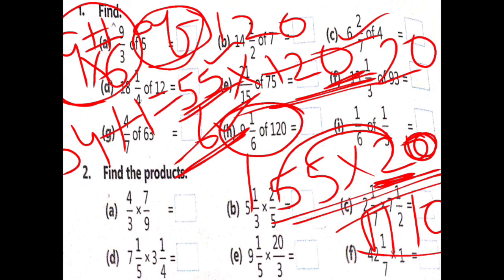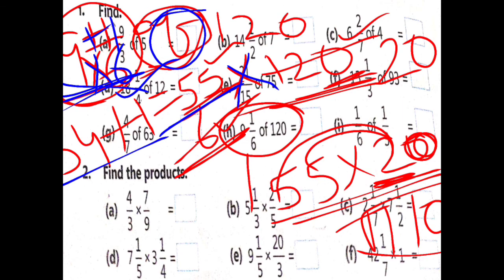Again I am explaining here. Just watch. We write 9 multiplied by 6 and then add 1. 9 sixes are 54 and then add 1 gives 55. Then we write 55 upon 6 and then multiply "of". This "of" means multiply 120, which is already given in the question.